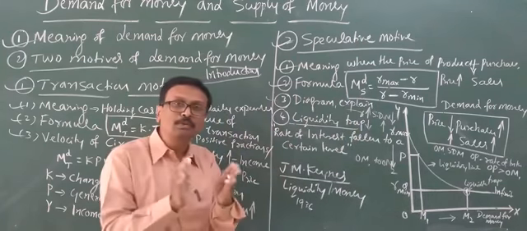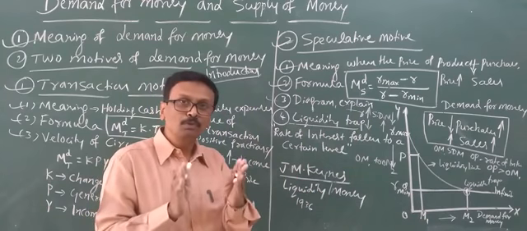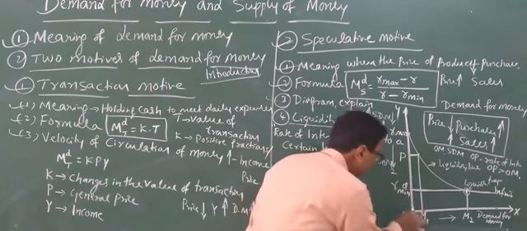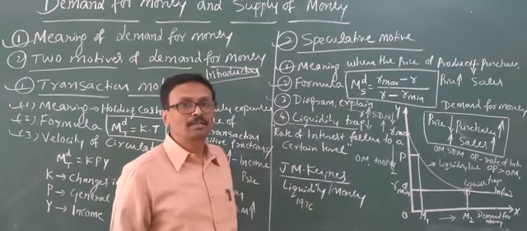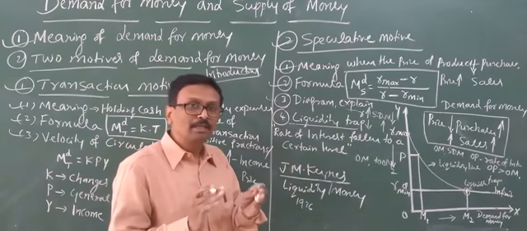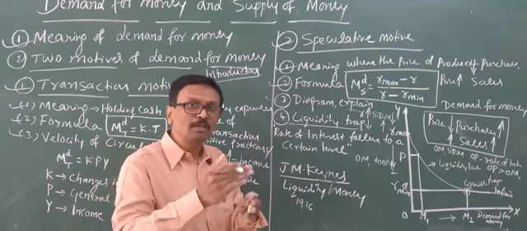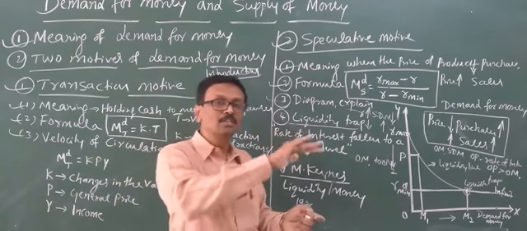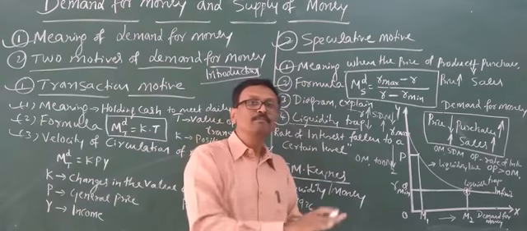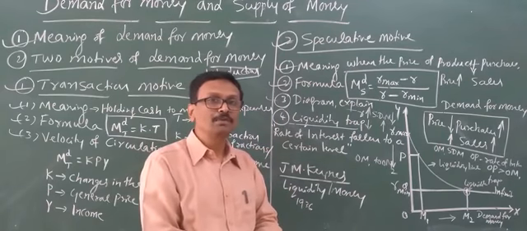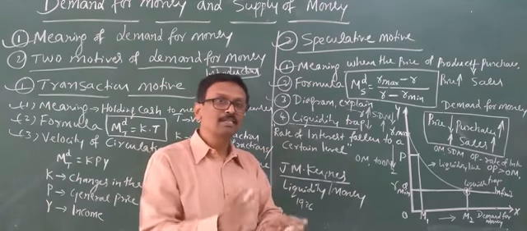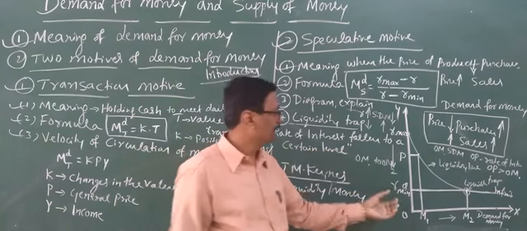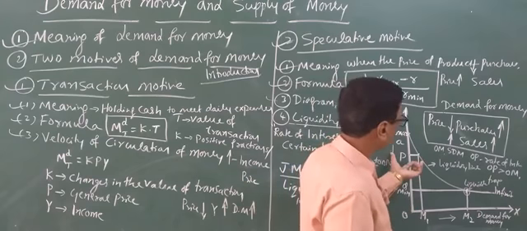That can be clarified: when the rate of interest is more, the speculative demand for money decreases. In other words, when the rate of interest increases, the speculative demand for money reduces. So there is an inverse relationship between the rate of interest and the speculative demand for money.